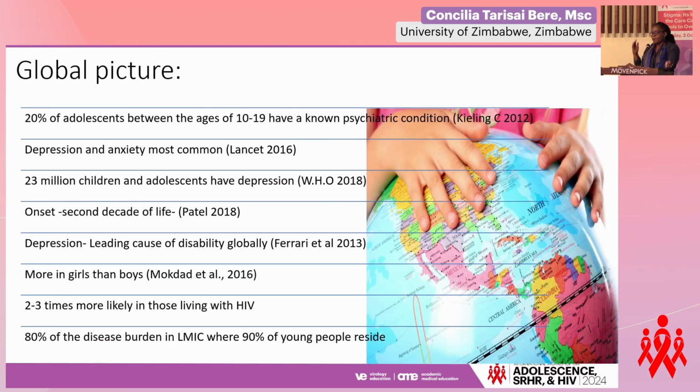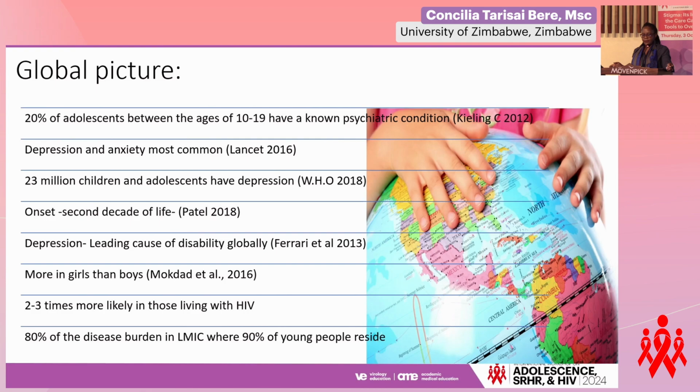So we've heard from many speakers before of the statistics, but 20% of adolescents between the ages of 10 to 19 have a non-psychiatric condition. And the most common ones would be depression and anxiety. At least 23 million children and adolescents have depression. And as the previous speaker said, most of the common mental problems will have an onset in the second decade of life. So this is where the adolescents start.